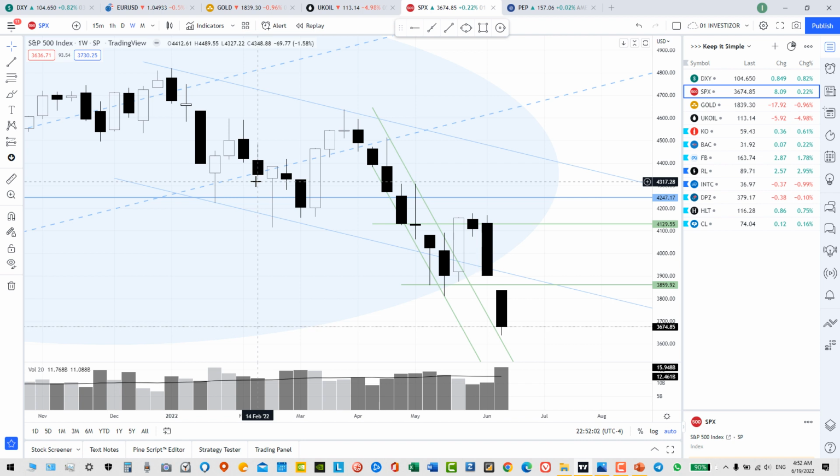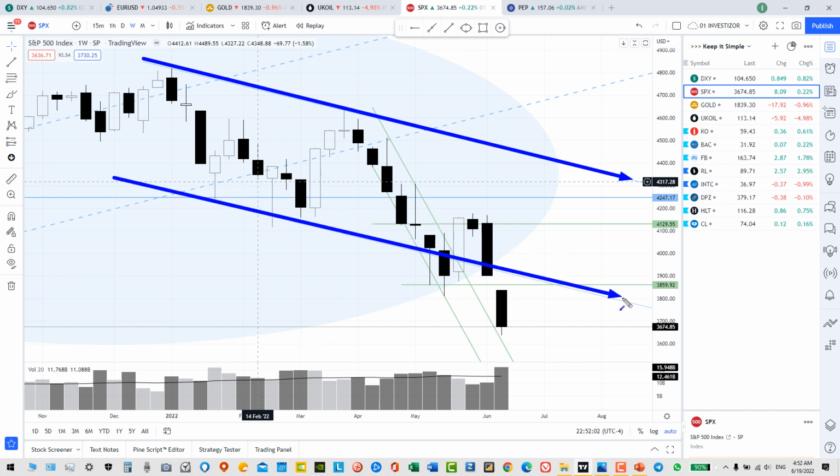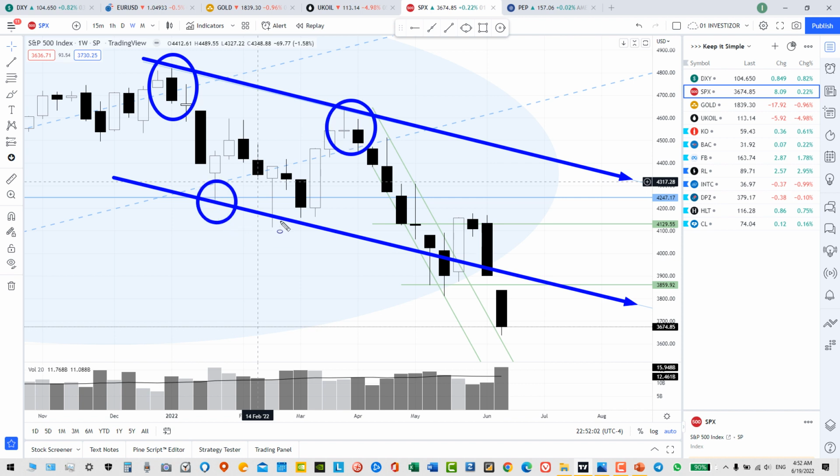Over the weekly chart, we can see the medium term is a downtrend, formed by lower highs as well as lower lows over the medium term since December and January.